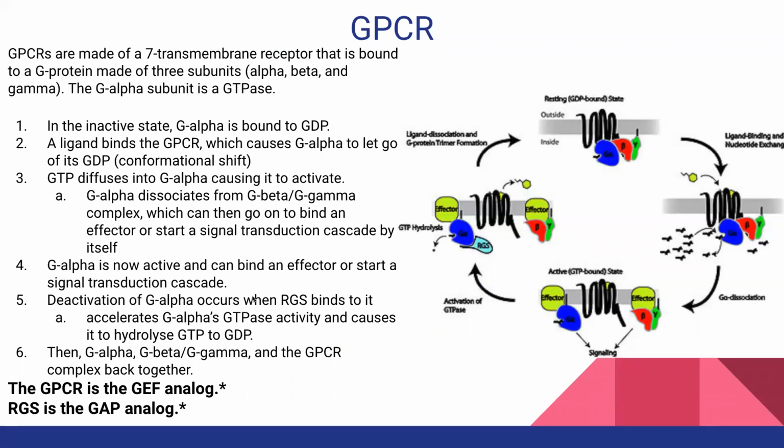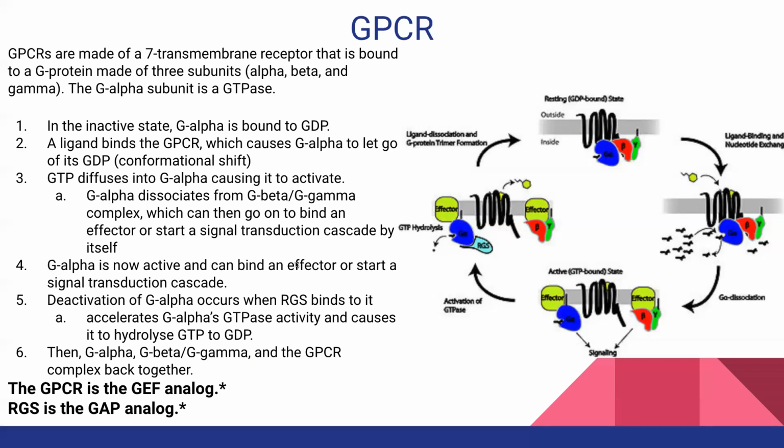Okay, so in the inactive state, we're gonna have the G alpha subunit of the GPCR bound to GDP. And then when we get a signal or a ligand binding to the G protein coupled receptor, that is gonna cause activation of G alpha, and G alpha is gonna let go of GDP and GTP is gonna diffuse in.